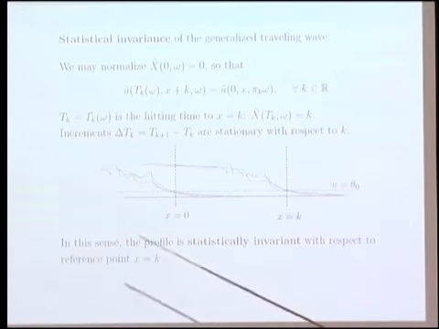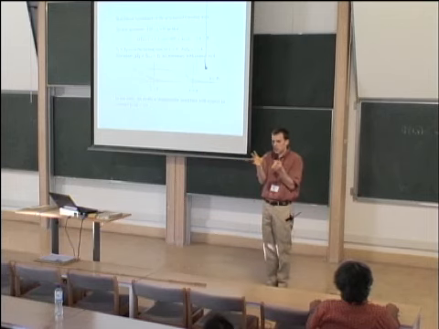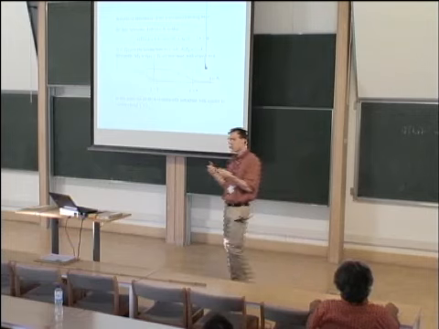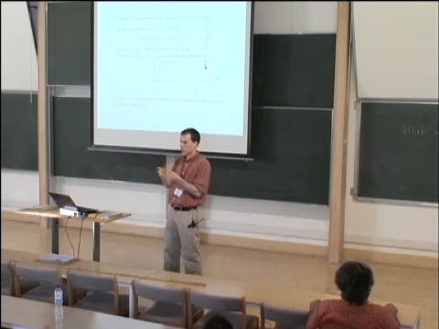So if I station two observers along the line, and both of them observe the waves as they pass, they will see the same ensemble up to transformation. In that sense, the profile is statistically invariant with respect to the location where it's observed.